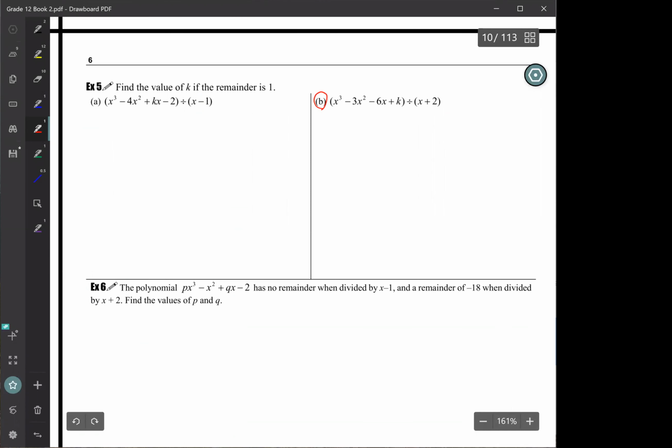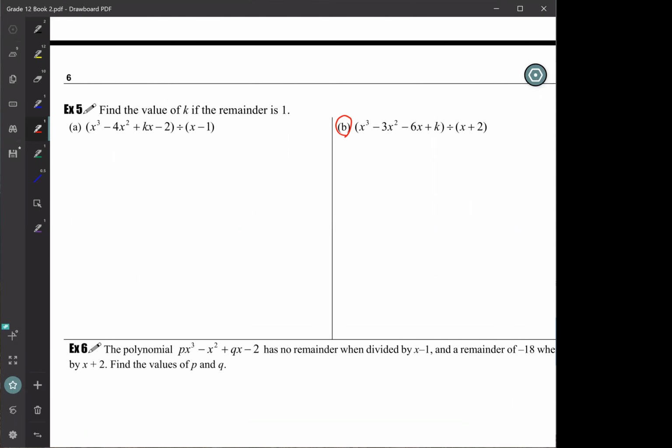Okay, so this time, instead of finding the remainder, it tells you to find the value of k, right? Where is k? K is here, right? One of the numbers, okay? If the remainder is 1, so instead of asking you to find the remainder, they tell you the remainder. So I would like you to try that, okay? Same thing. You can start by writing this out, okay?